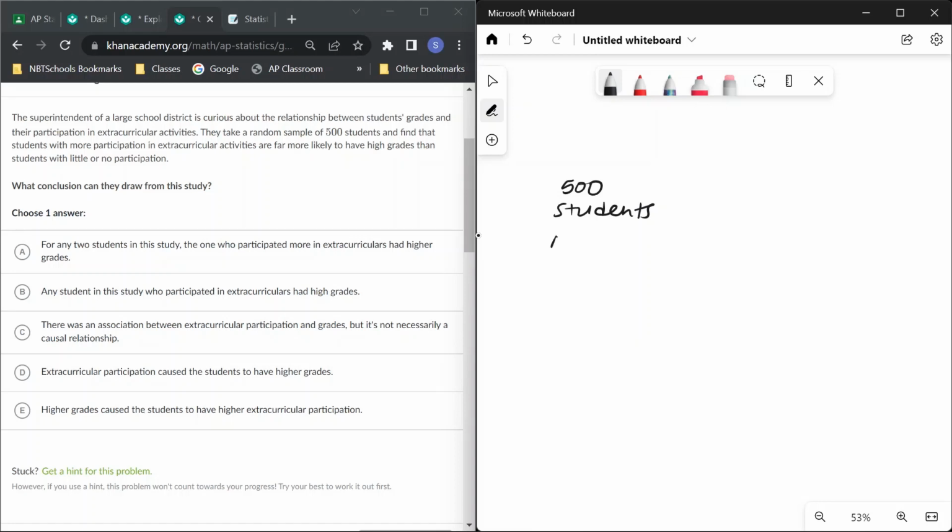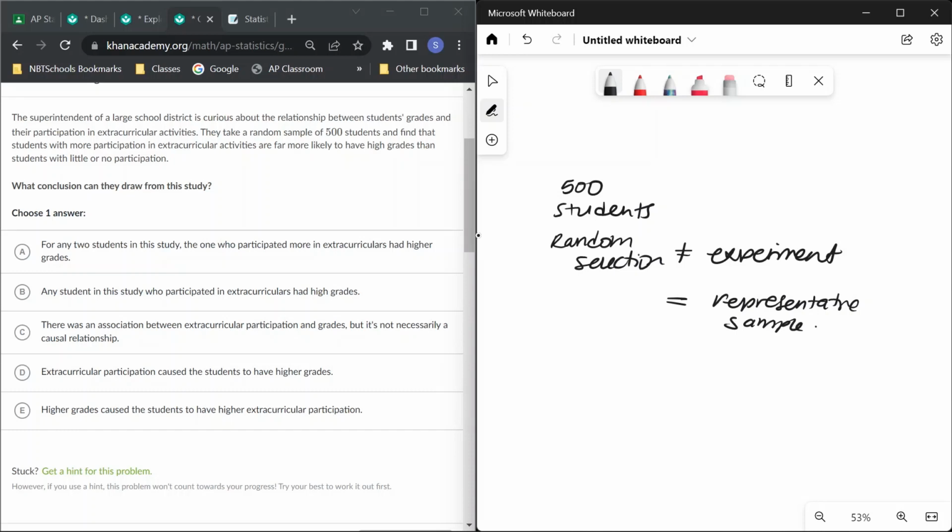There's a random selection, but again, random selection does not equal an experiment. What it does equal is a representative sample of the population, in this case, of students.